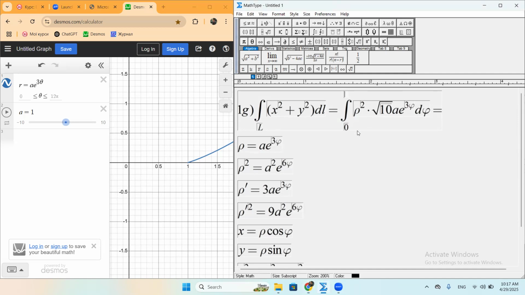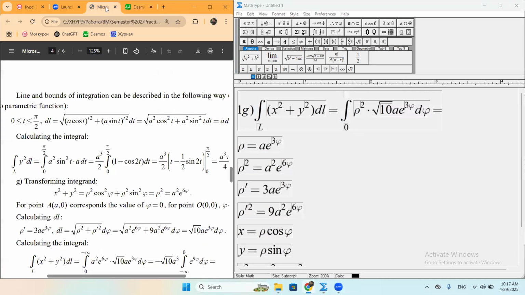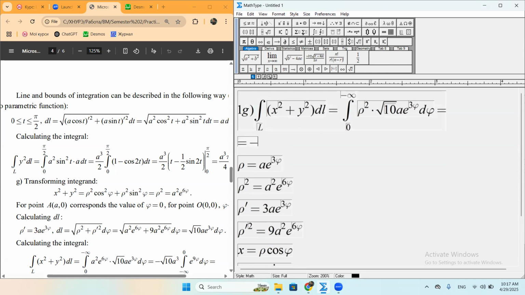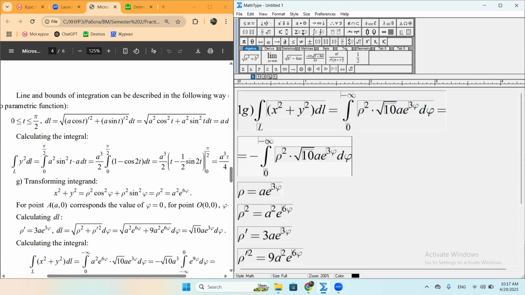In such a case, phi approaches minus infinity. And let's also invert the limits of integration for our convenience and move constants out of the integrals.